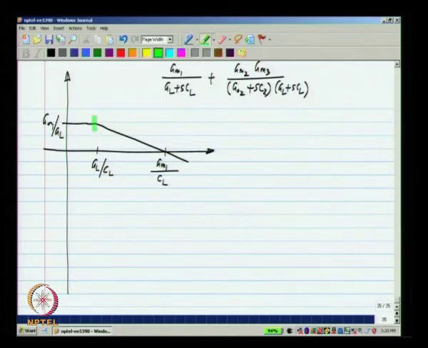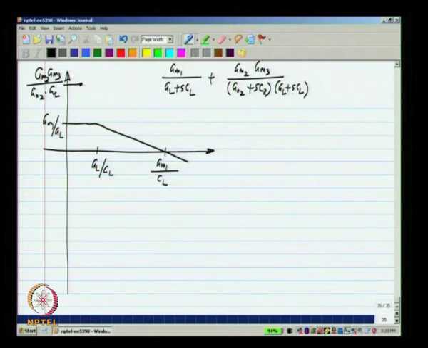For reasonably large DC gains, the unity gain frequency will be equal to the DC gain times the pole frequency. The second term will have a DC gain which is higher, we expect it to be higher, which is Gm2 Gm3 by Go2 GL.